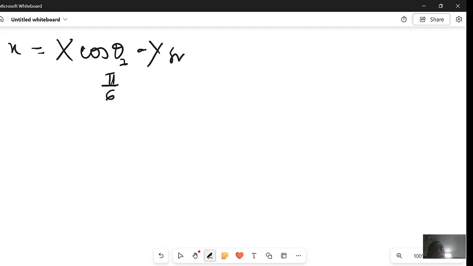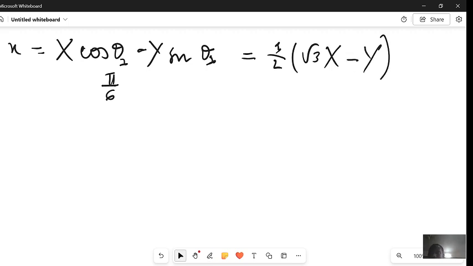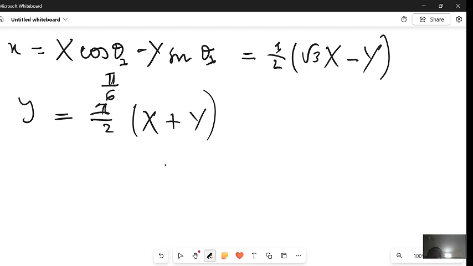Now y with sine theta 1. So I will directly have x equals 1 by 2 square root 3 X minus 1 by 2 Y, and y equals 1 by 2 X plus square root 3 by 2 Y. Now you will do another one when theta equals 2 pi by 3.